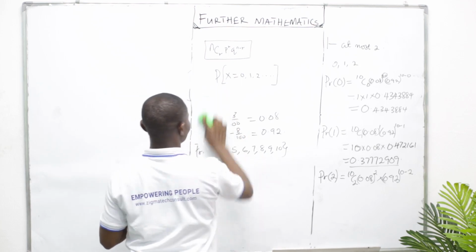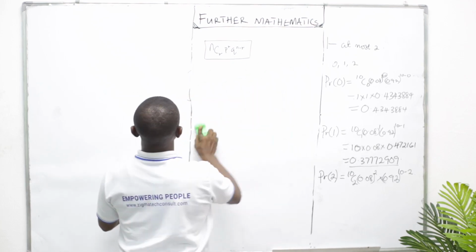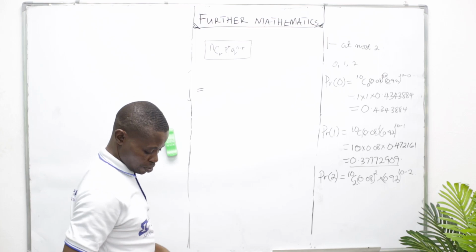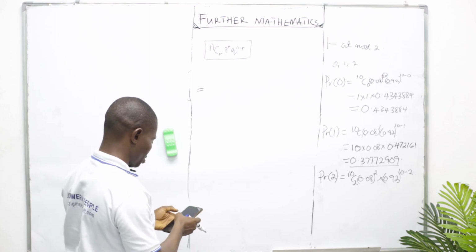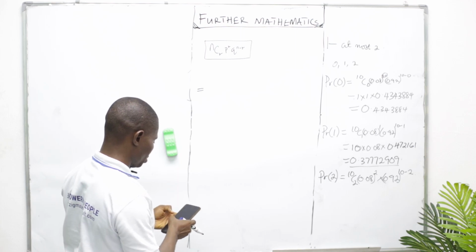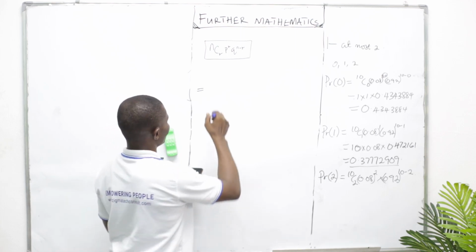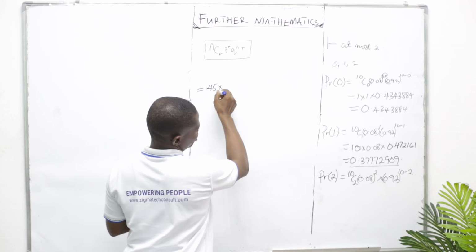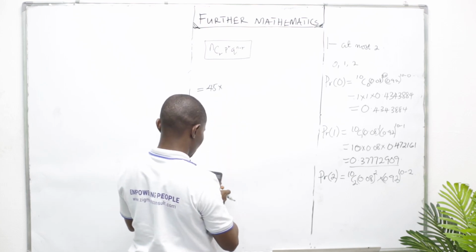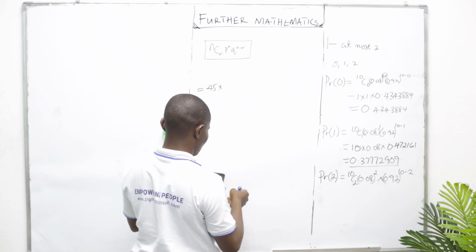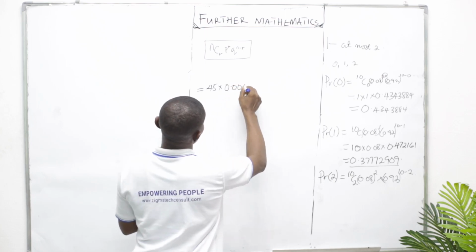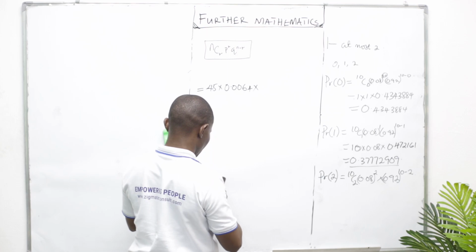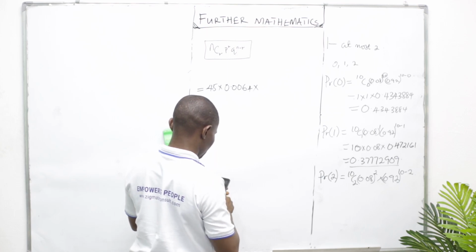We have 10 combination 2, which is 45, multiply by 0.08 squared, which is 0.0064, multiply by 0.92 raised to power 8.